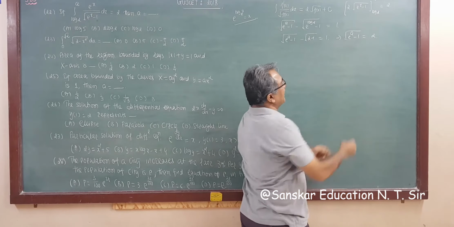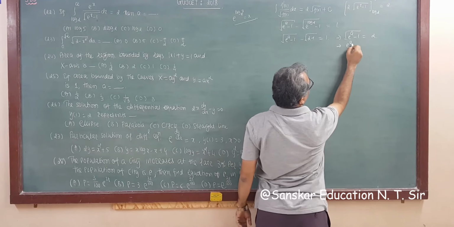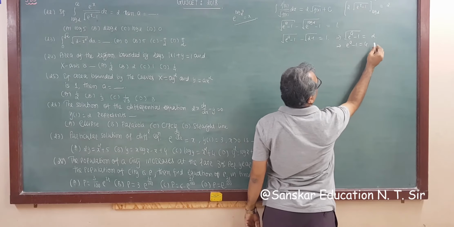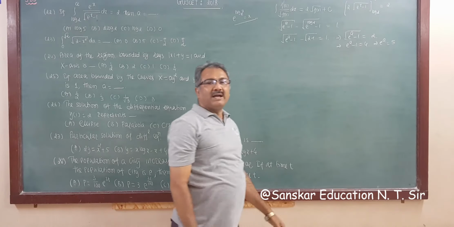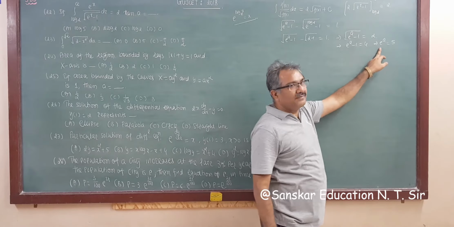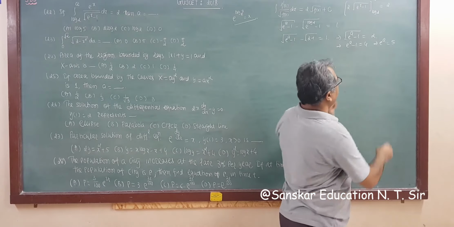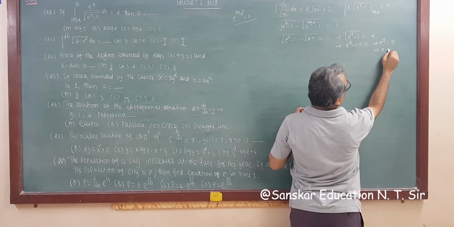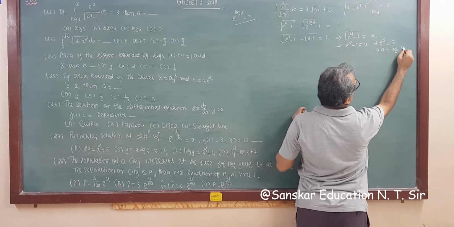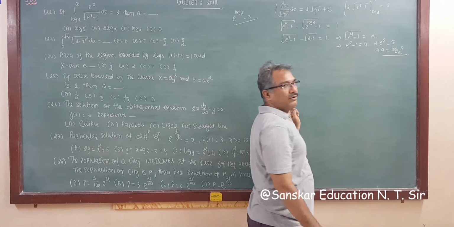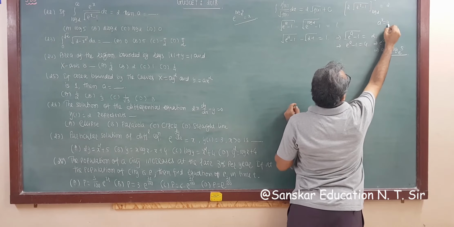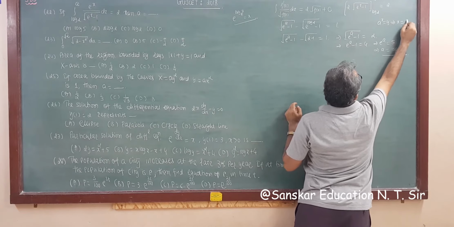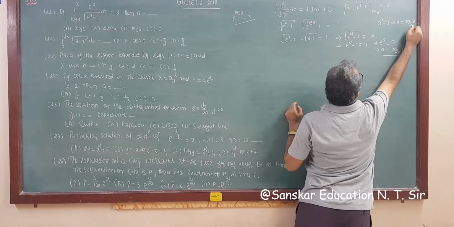So squaring both sides, what we get here? e raised to a minus 1 is equal to 4. So this implies e raised to a is equal to 5. And changing this exponential function into a logarithmic function, you will get your a, that is a is equal to log 5 base e, because we are applying that if a raised to x is equal to y, then x is equal to log y base a.